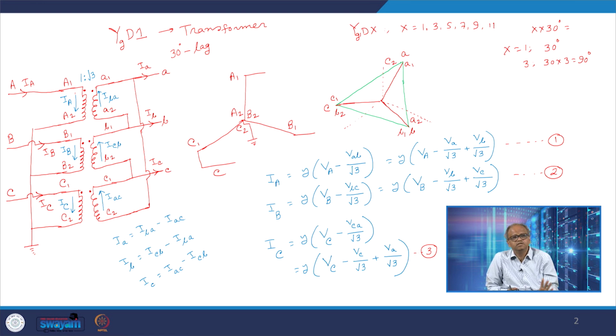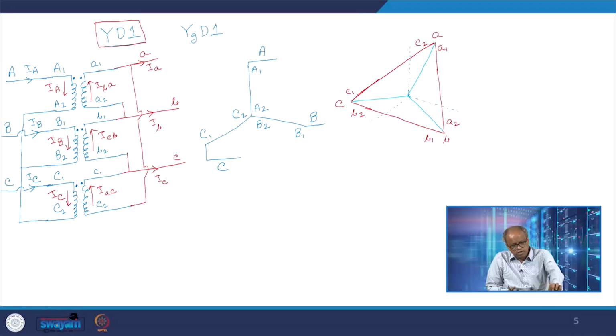Actually, the voltage at phase A of the primary side is given by Va minus Vn, but because Vn is 0, it ultimately was Va, and of course my reflected voltage is Vba by root 3. But in this case, my voltage across phase A is actually Va minus Vn.